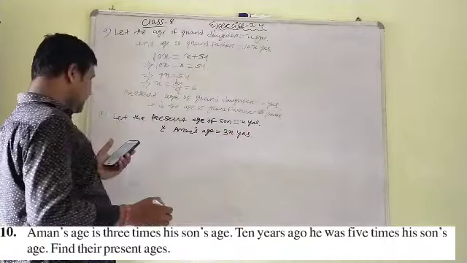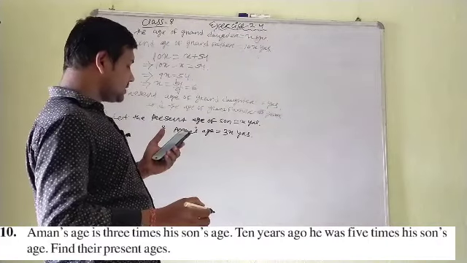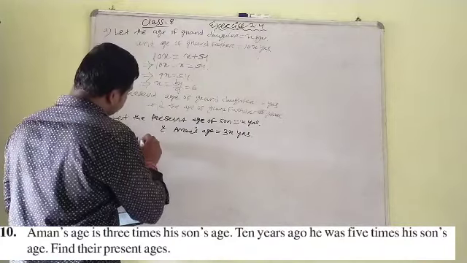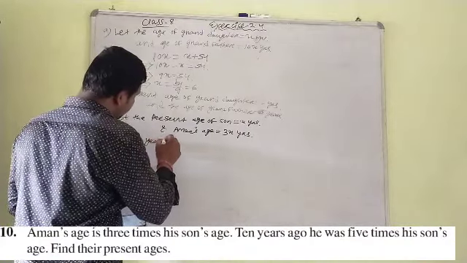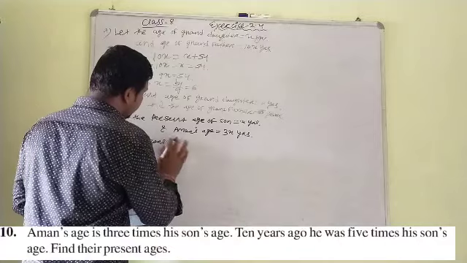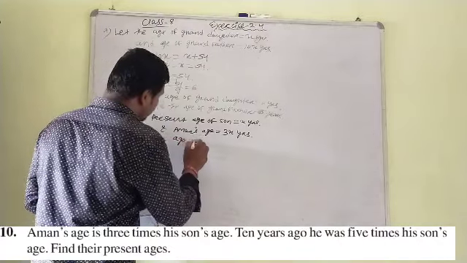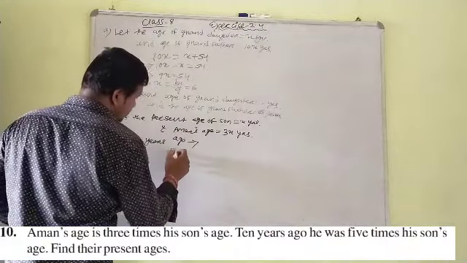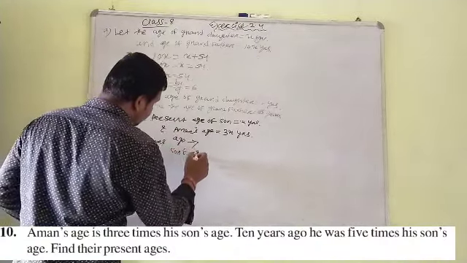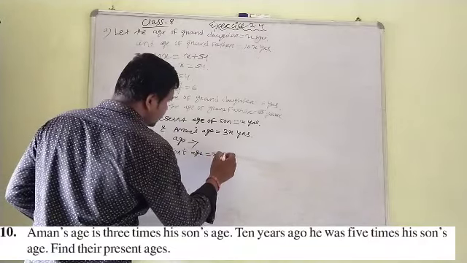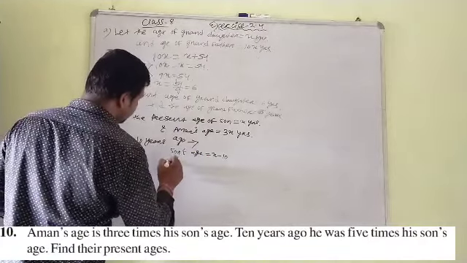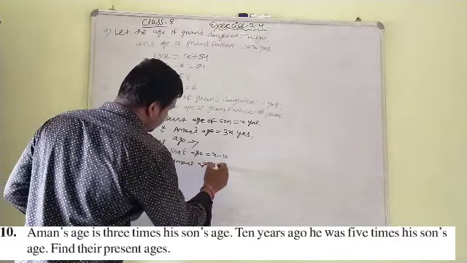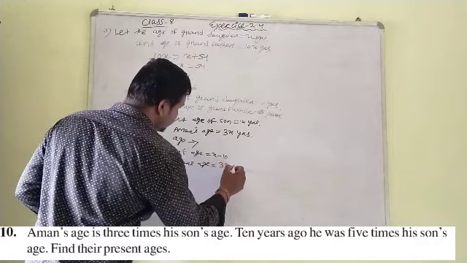It said 10 years ago he was 5 times his son's age. 10 years ago, the son's age is equal to x minus 10 and Aman's age is equal to 3x minus 10.